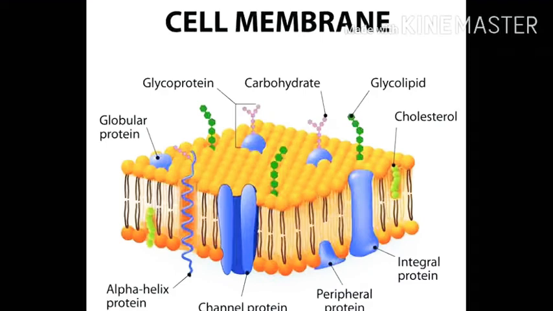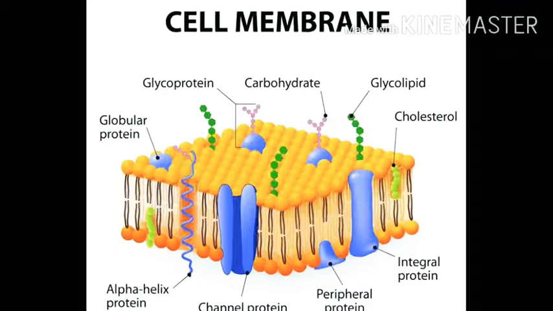Now let us discuss some functions of the plasma membrane. First, it provides the definite shape of the cell. Second, it provides protection to the cell. Third, it maintains the balance of substances due to the entry or exit of substances.